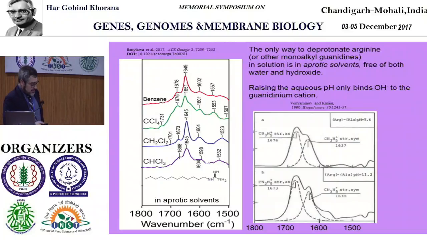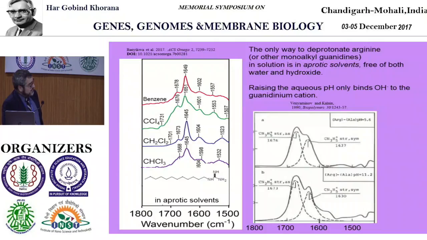One of the classic papers that looks at this is by a group, Venyaminov and Kalnin, in 1990. They published a comparison of the spectrum in this region of arginine alanine at pH 5.6. This is the classic band shape of the protonated arginine side chain.